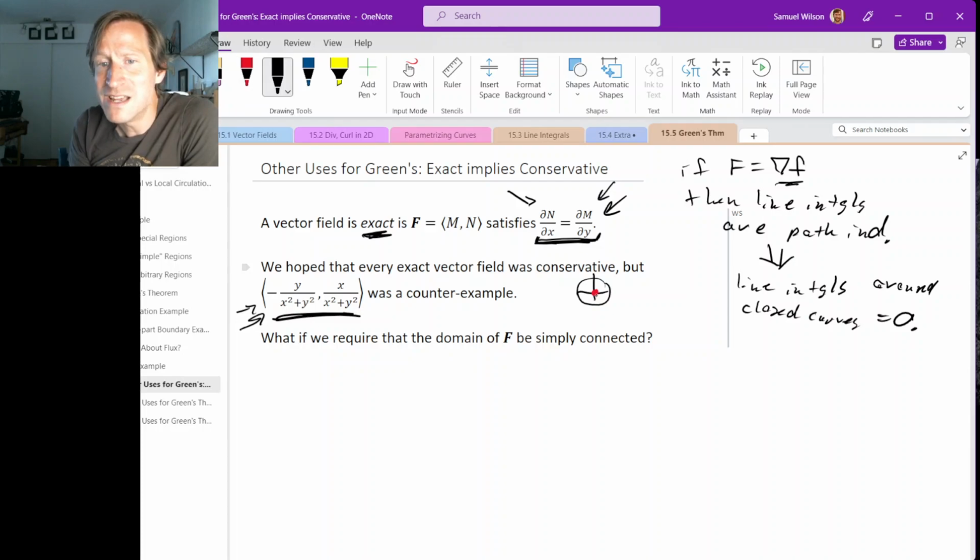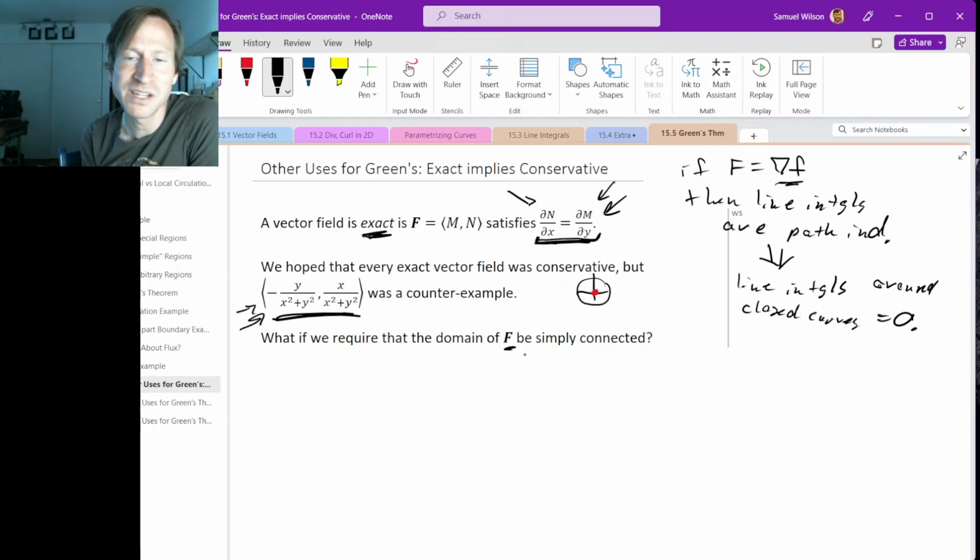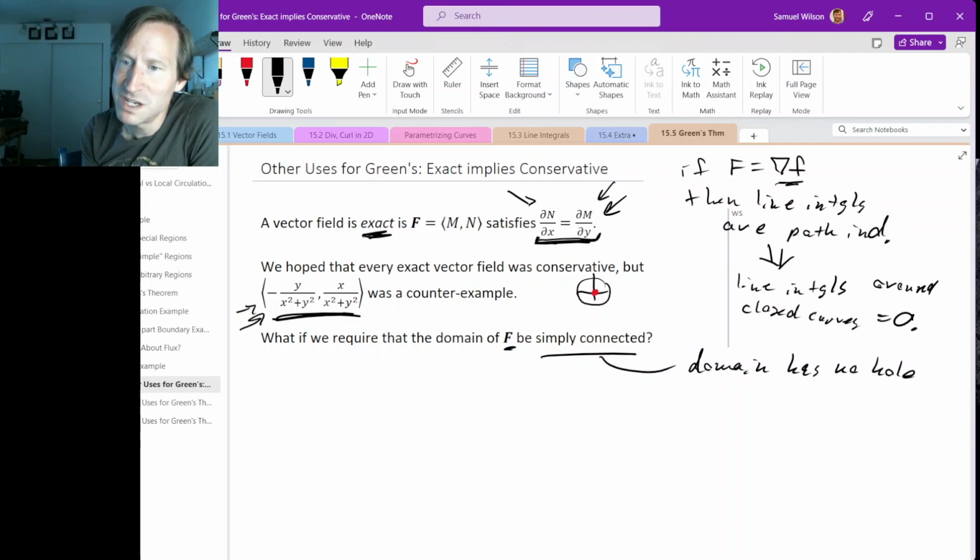So what if we didn't allow that to happen? What if we require that the domain of our vector field be simply connected? Simply connected just means that the domain has no holes. So if we insist that the domain be simply connected, we're disallowing this kind of hole.